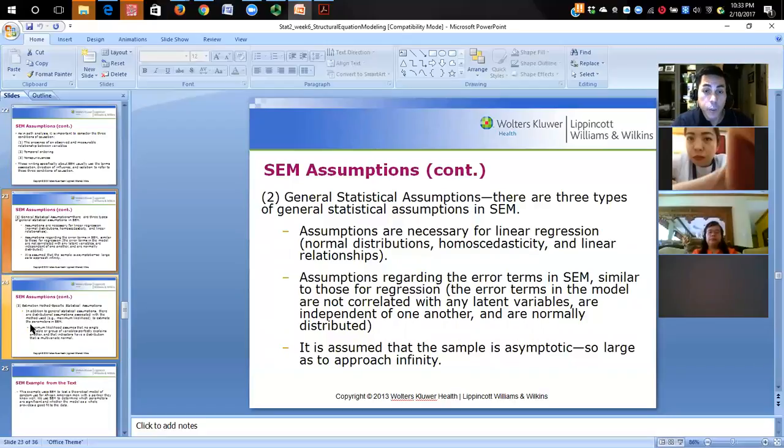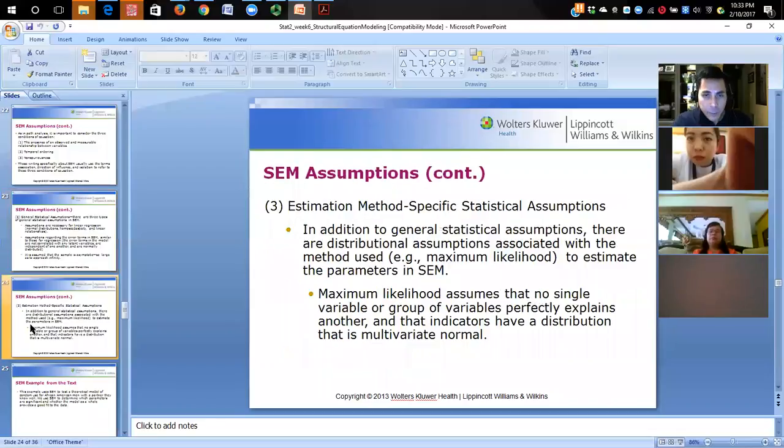There has to be the existence of covariance of the major constructs that are being measured in your SEM. And it is assumed that the sample is asymptotic, so it really means so large as to almost approach infinity. Then the third one is the estimation method, which is the specific statistical assumption, and that is, it uses the maximum likelihood mathematics again.